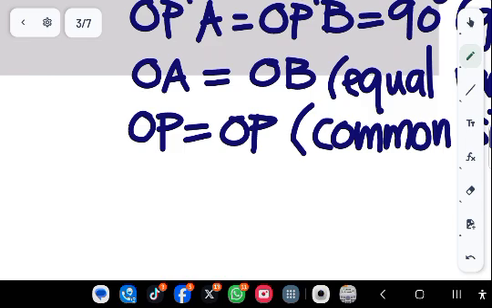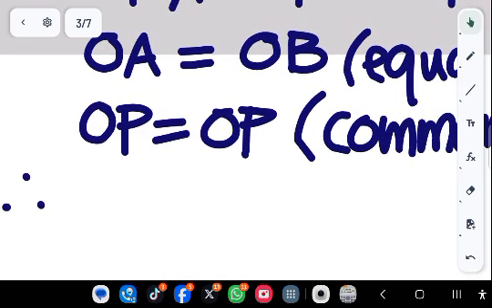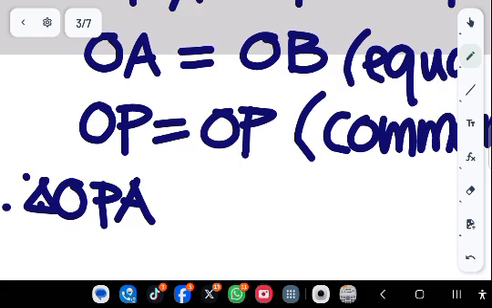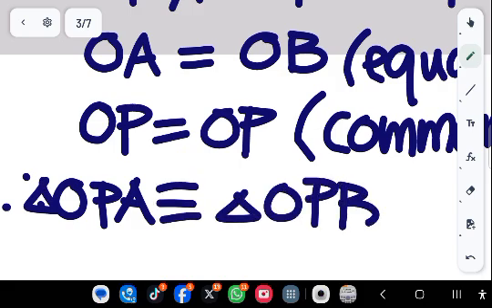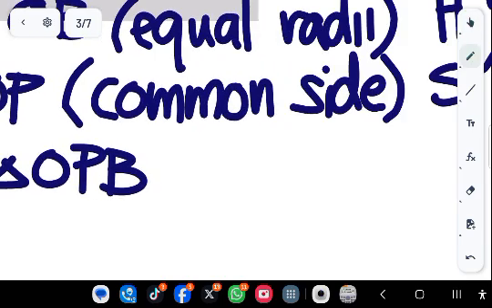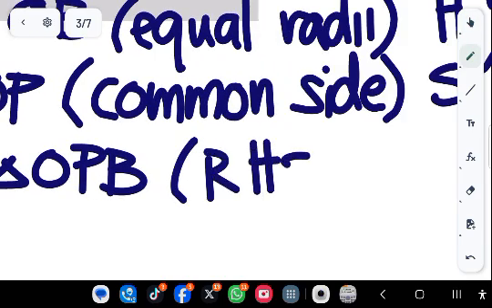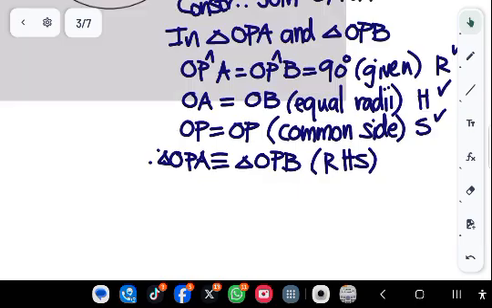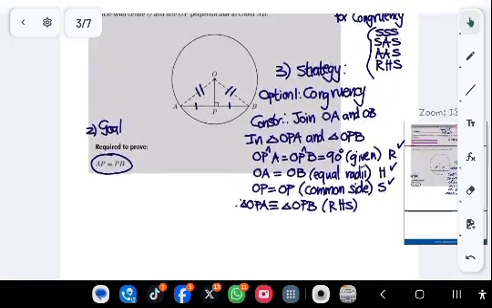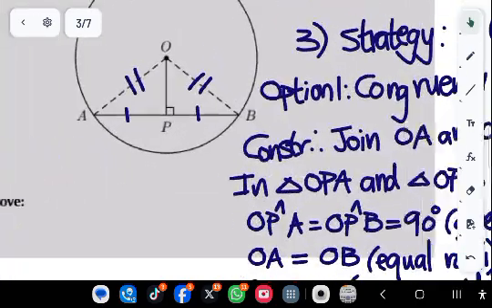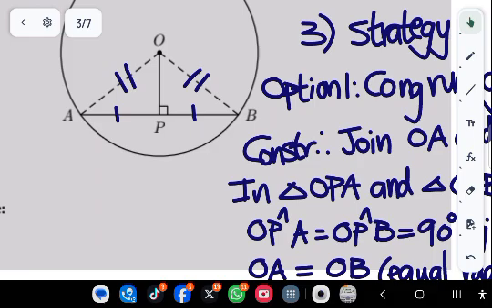Therefore, triangle OPA is congruent to triangle OPB, and the reason is right angle hypotenuse side. Now that these two are congruent, you know that congruent triangles are equal in every respect.